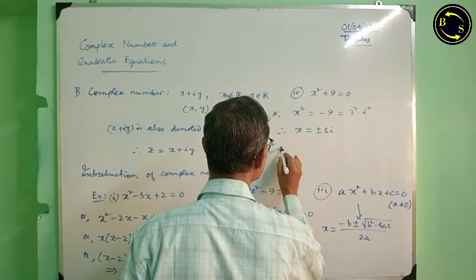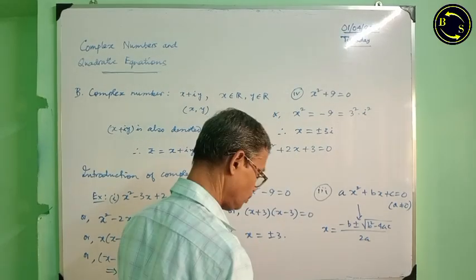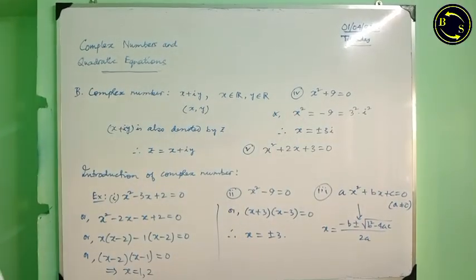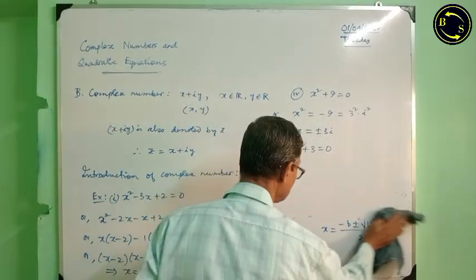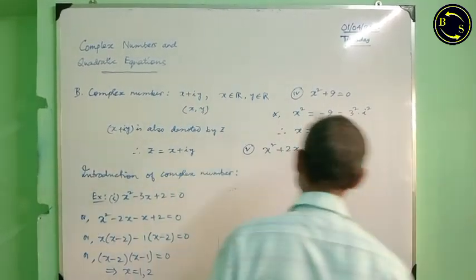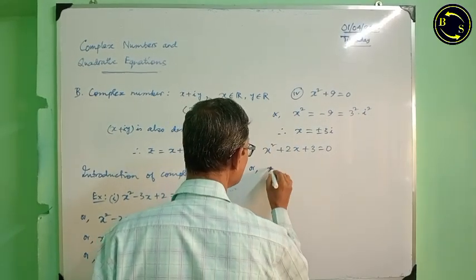x square plus 2x plus 3 equal to 0. If we solve this equation with the conventional method, then we can write the roots.